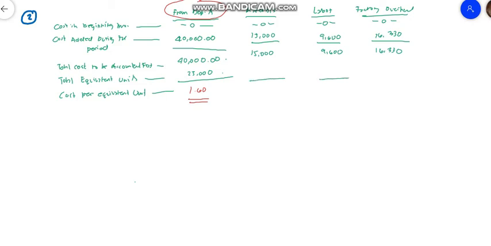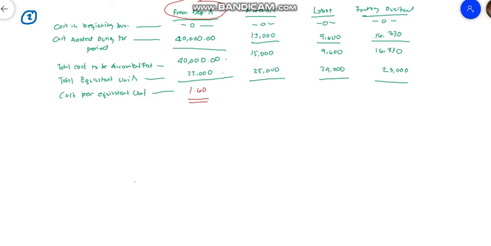And we write down the total equivalent units per cost element. For materials, that was 25,000. For labor, that was 24,000. And for factory overhead, that was 23,000. Again, you just divide the total cost to be accounted for by the total equivalent units.